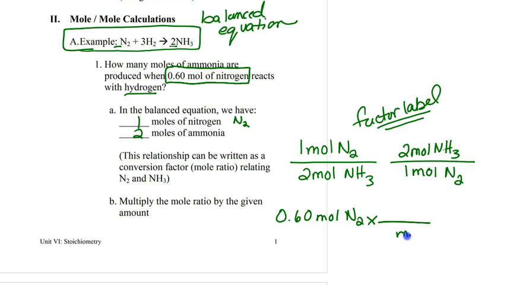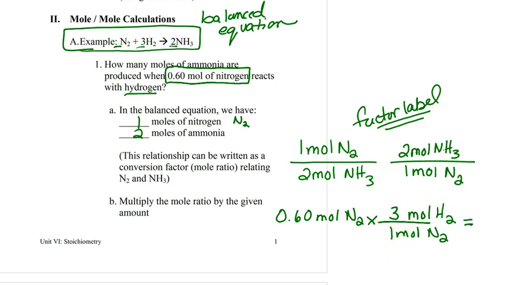So I'm going to go from moles of nitrogen to moles of hydrogen. I'm going to look at my molar ratio, and we know from here that hydrogen is 3, looking at the coefficient, and nitrogen is 1. So it's a 3-to-1 molar ratio.